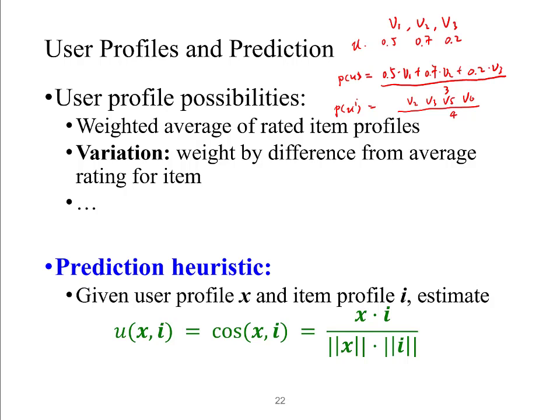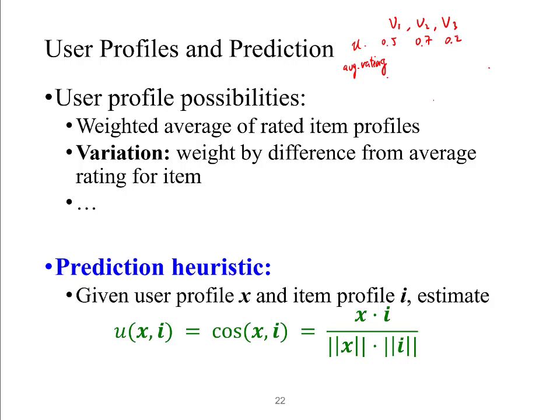A variation would be weighting by the difference from the average rating of the item. Say in this same example, let's assume that for each and every item here, we do have an average rating. The idea is, for example, the rating for V3 is quite low, it's 0.2.